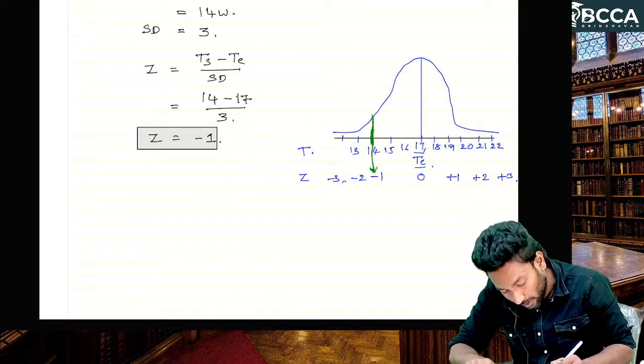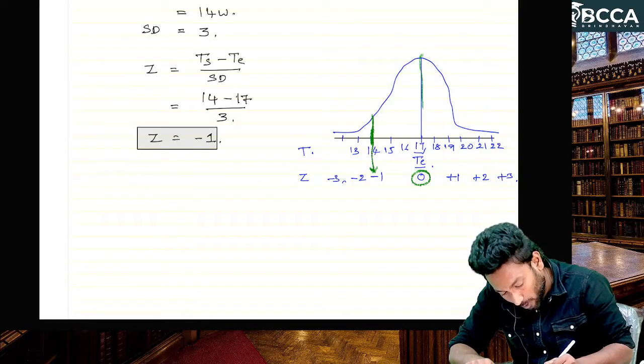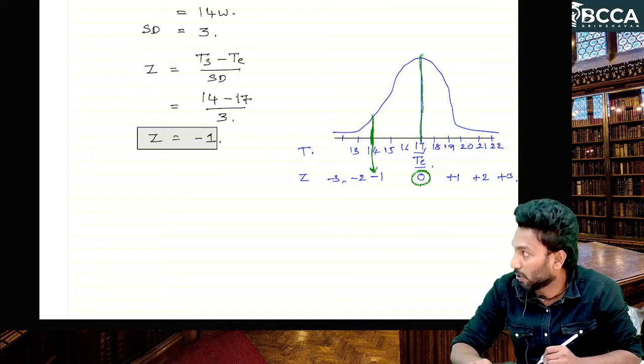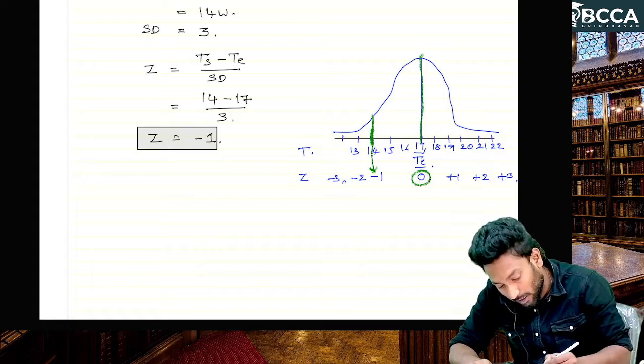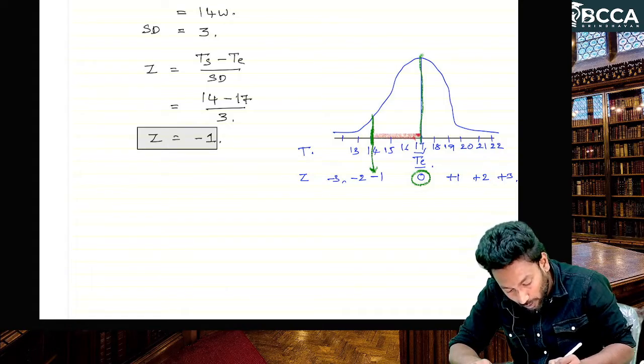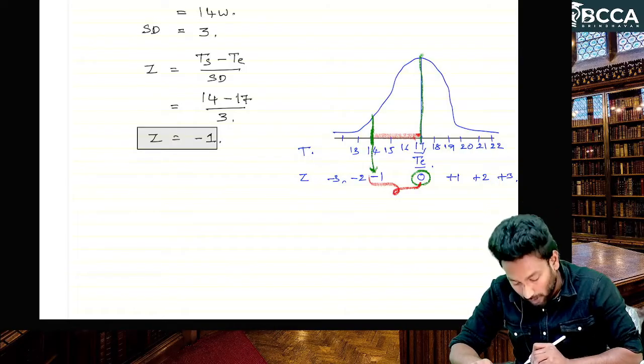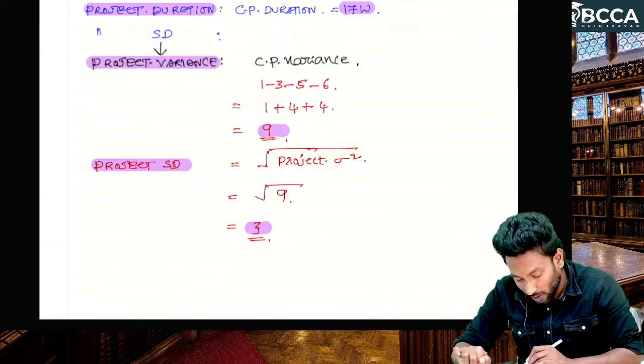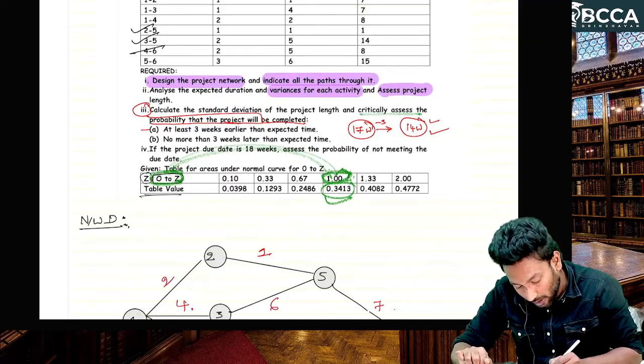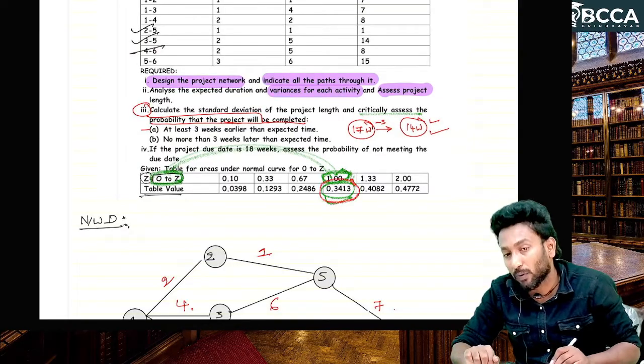Okay, so this Z value is 0 to Z. Where is 0, sir? 0 is here. This line represents Z equal to 0. 0 to Z means the given value 0 to minus 1, right? 0 to minus 1, the given table value is 0.3413.